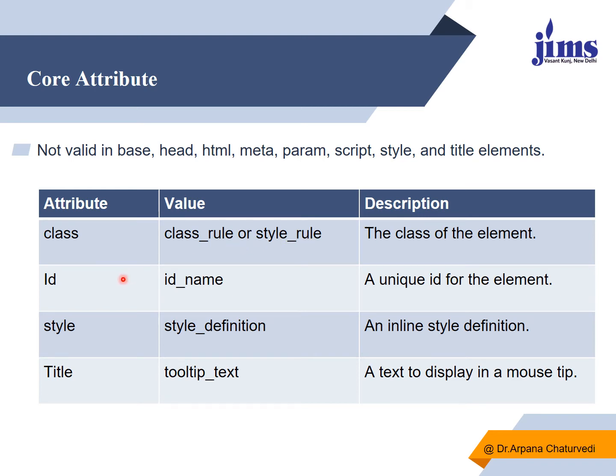ID is also used to define a CSS rule for an element. Style is an inline style definition, and title sets the value as tooltip text. So these are the values within all these attributes, and they perform this particular task. These are the core attributes.